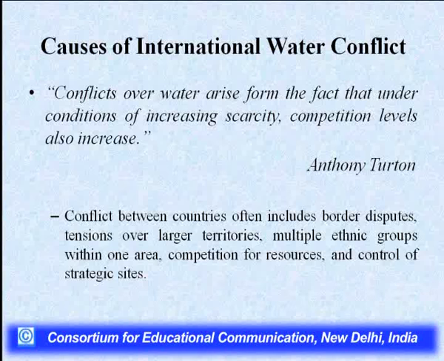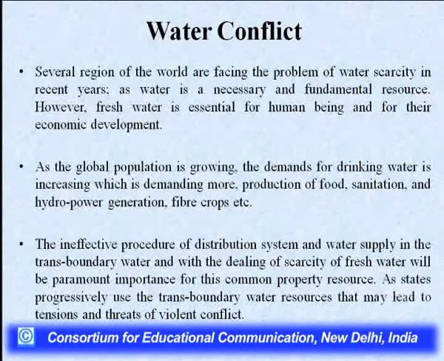Because conflicts generally take place either between different countries or between larger territories. That conflict may be between multiple ethnic groups within one region, or between different control of strategic sites. So we should know what the different kinds of water conflict are.